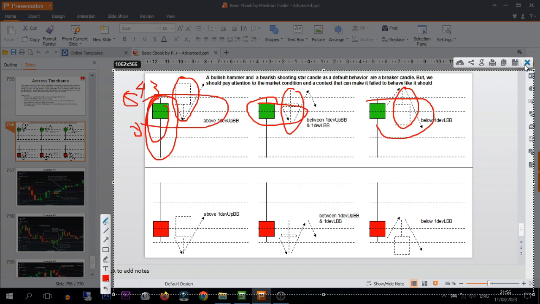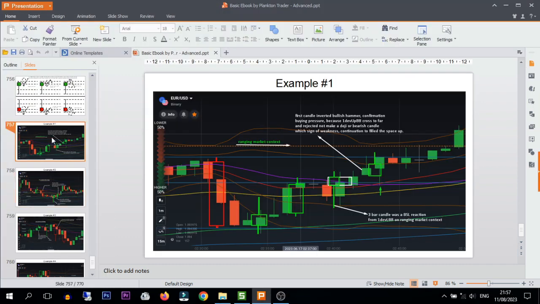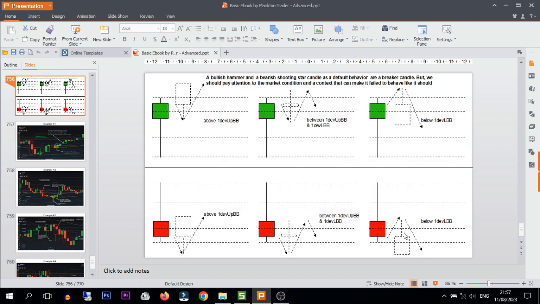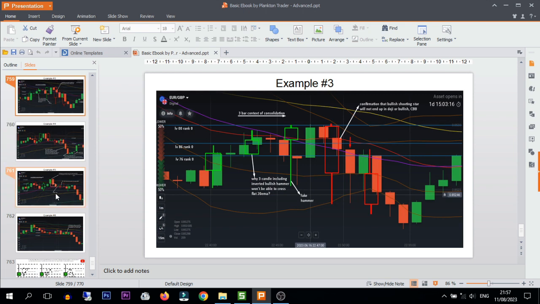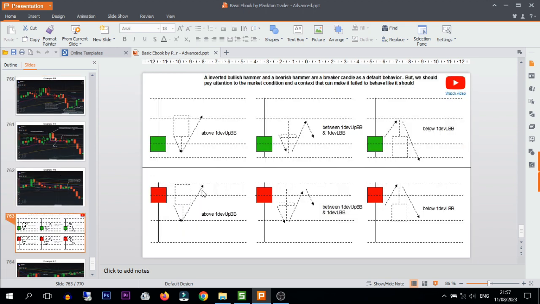Okay, you have to understand that. And also for the shooting star, it's always like that. So this is the example. And also for the opposite, the hammer, there is also the inverted bullish hammer.